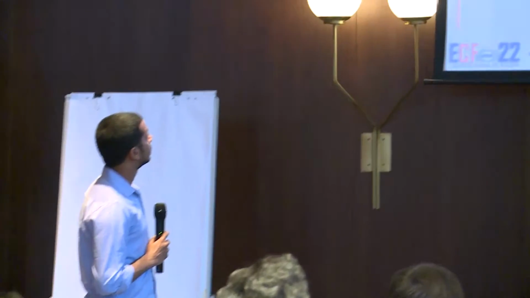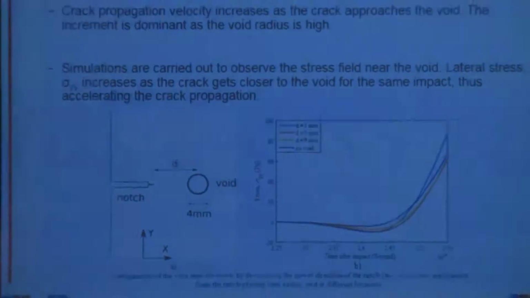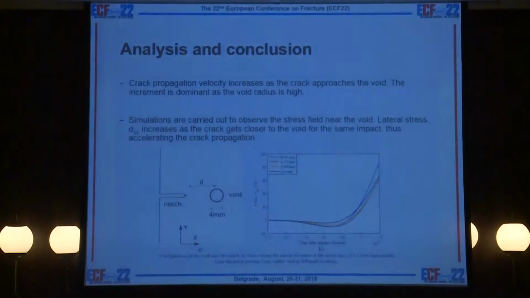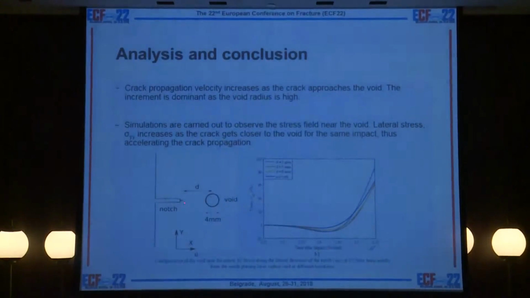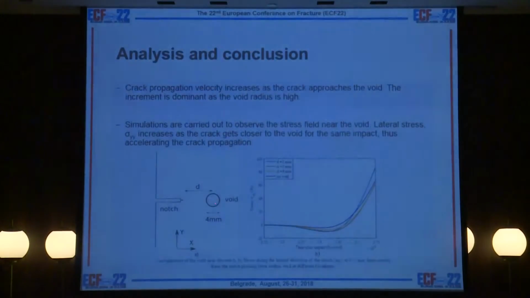And to validate some of the observations, I ran some simulations. So here there is a sharp notch and a void of radius 2 mm at a distance of d. I considered 4 cases, 1 without any void, and the rest of the 3 with 3 different distances. This was to observe how the stress field varies near the sharp notch depending on this distance d.